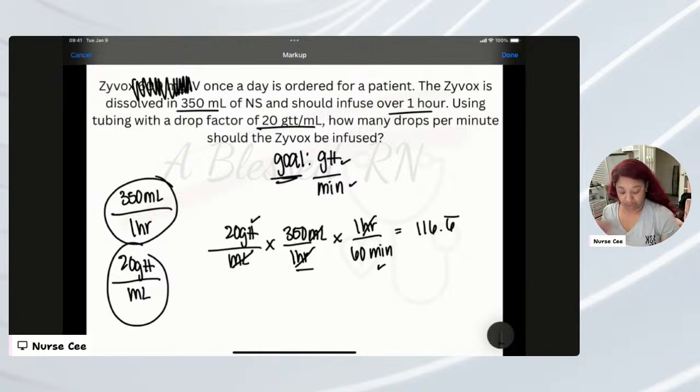Okay, you got it. 117 drops per minute. So that's how you do that.